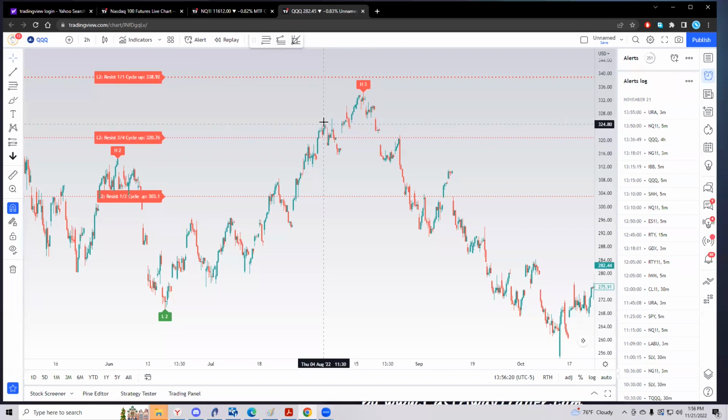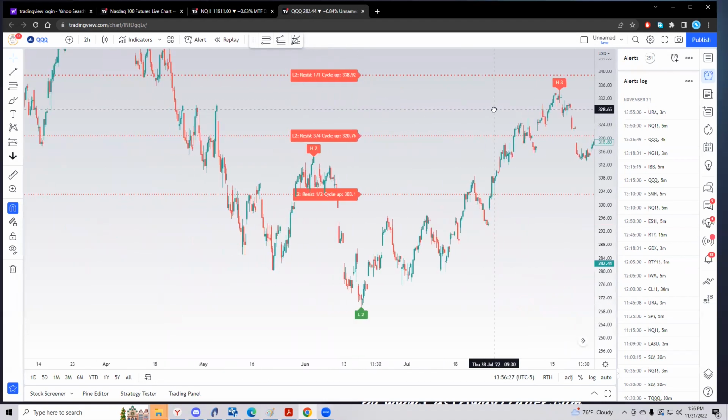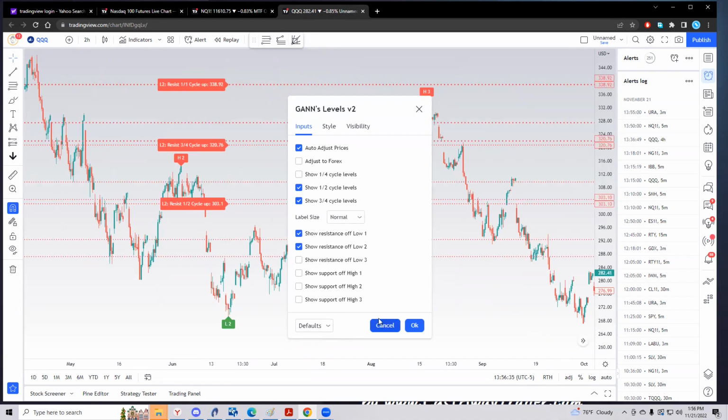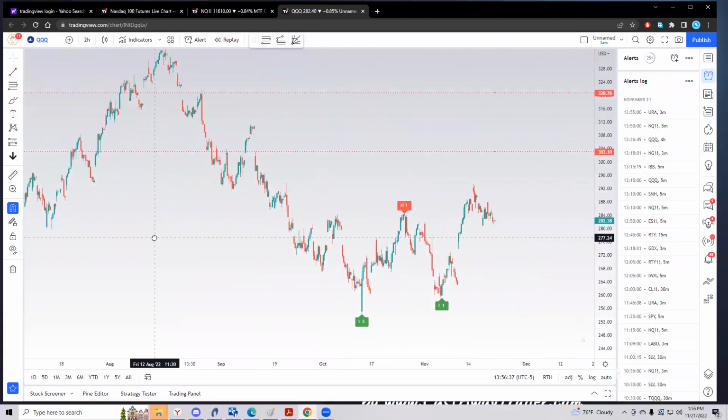But sometimes, you know, we could only get a shallow pullback and then price pushes higher again. Let's activate low 1, low 3. Here we are.